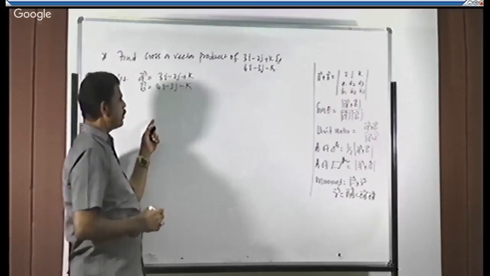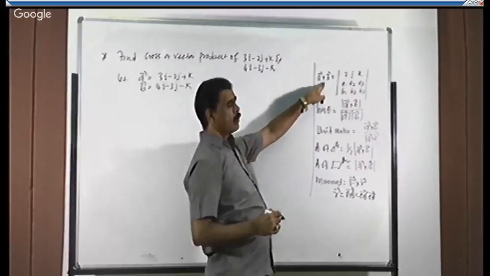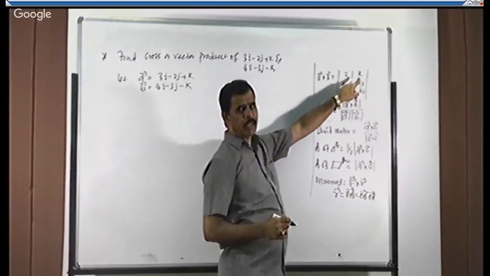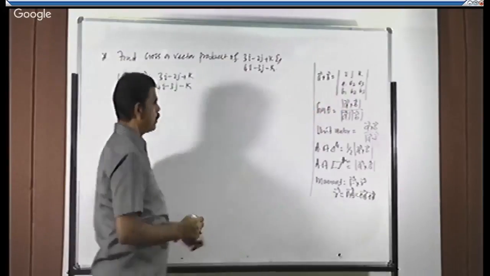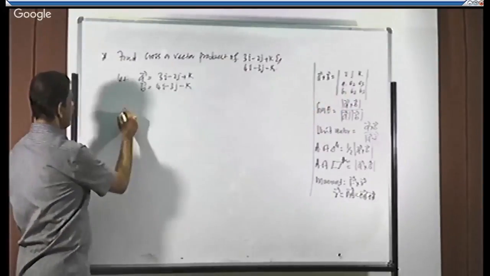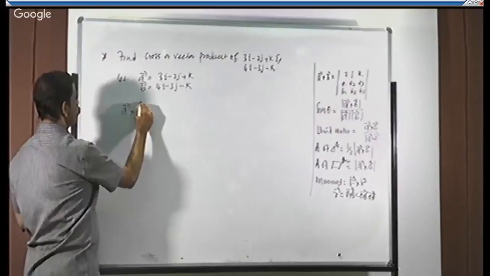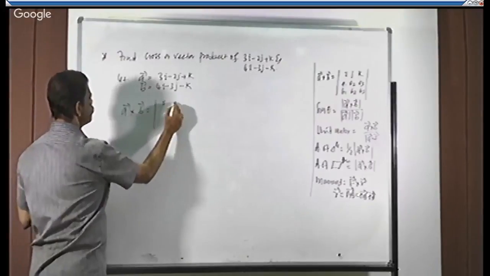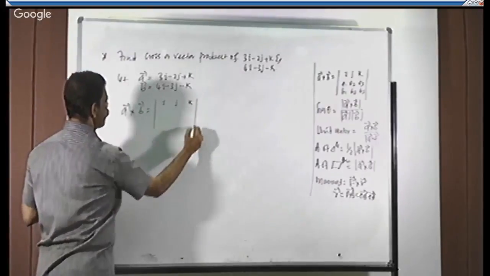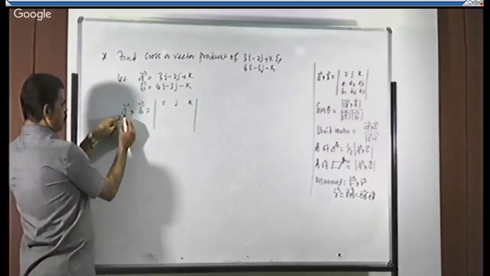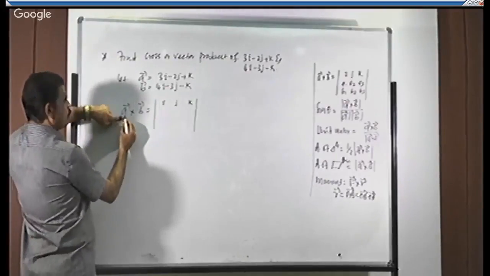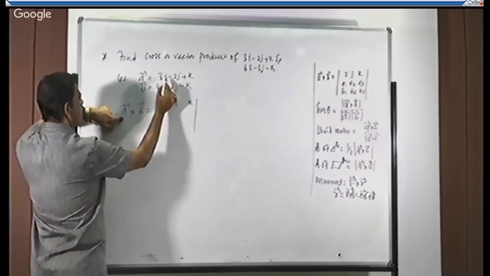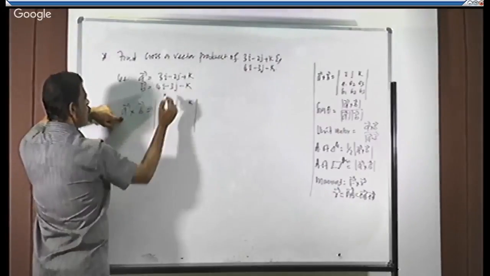What is the formula to get A cross B? A cross B is always in determinant form. So A cross B is equal to i, j, k as the first row. The second row is the constants in vector A, which are 3, minus 2 and 1.